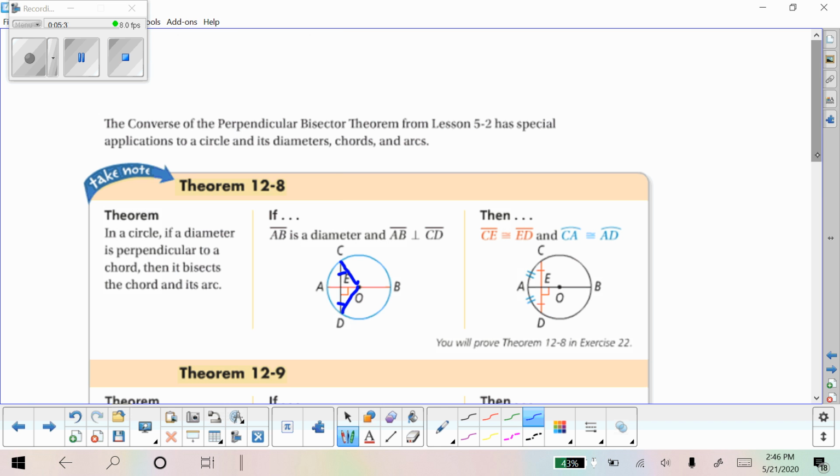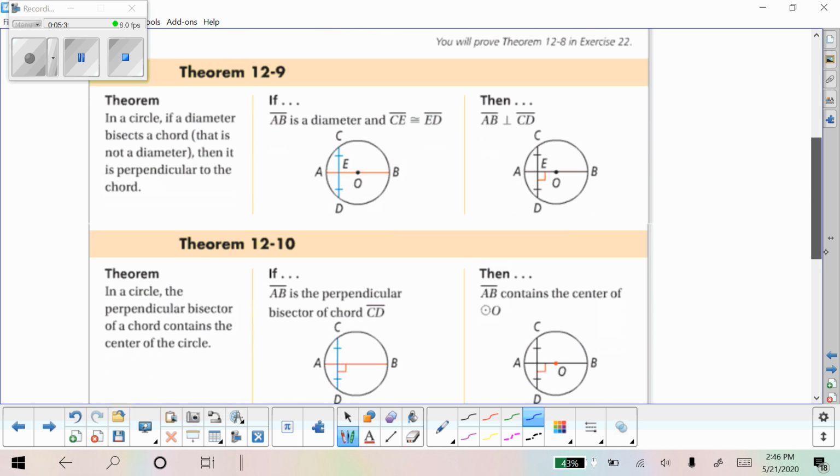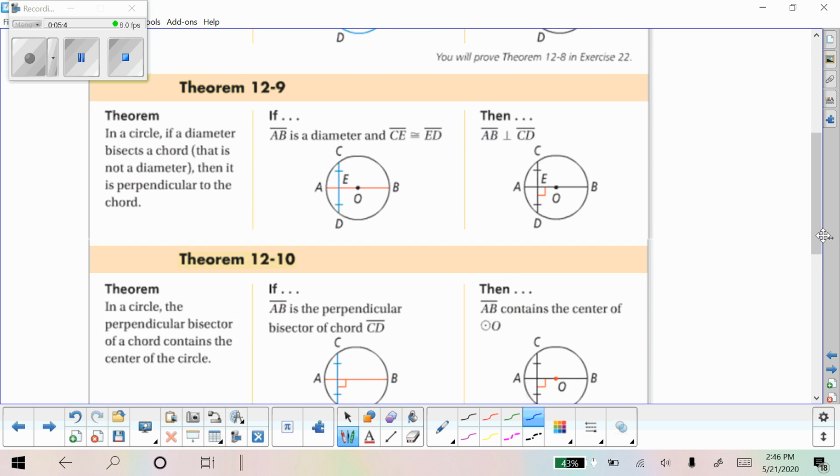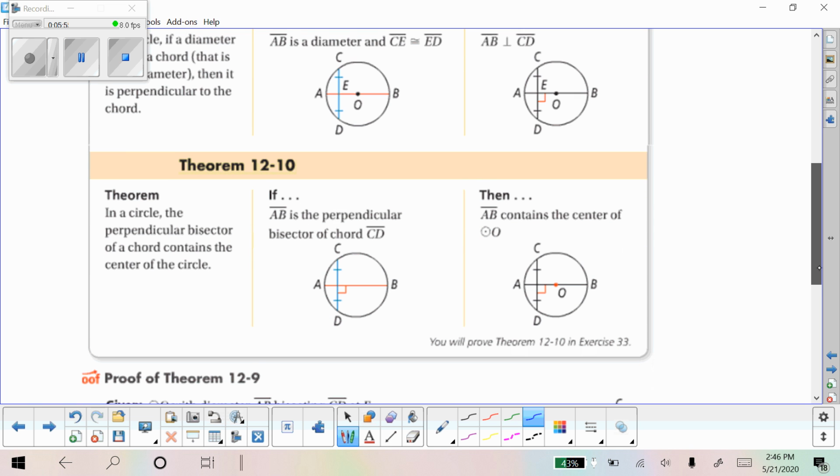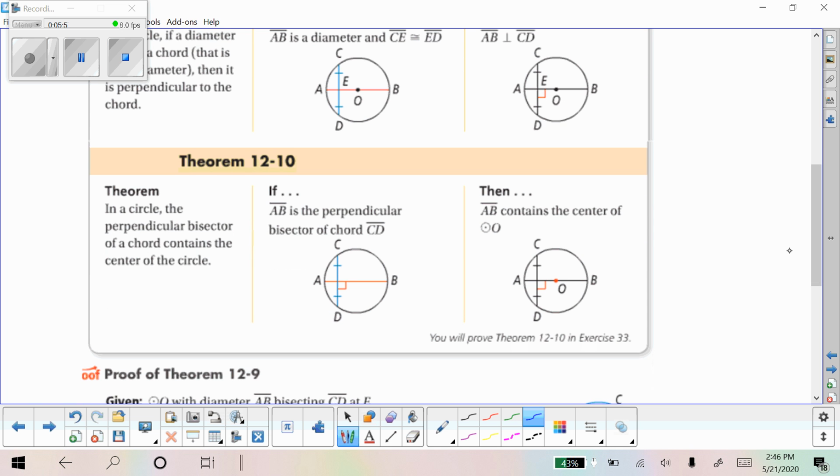Anyway, so we can use that. And then some different ways to look at it. If AB is the diameter and CE is congruent to ED, then that tells you that you're on the line that's perpendicular. And if AB is the perpendicular bisector of a chord, then AB is the diameter, or it contains the center.